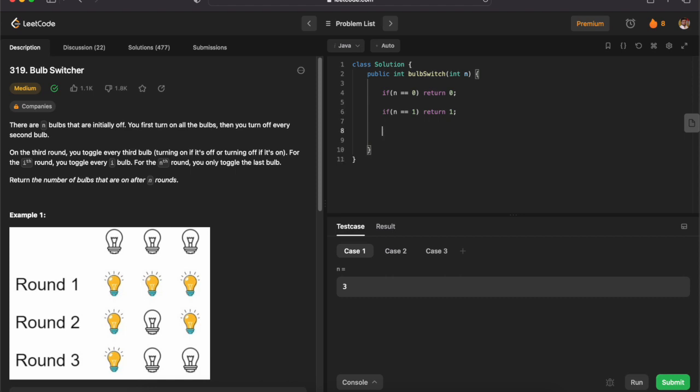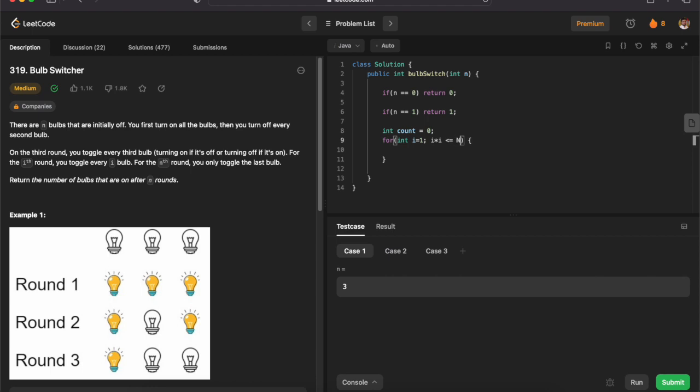Okay, now we'll take the for loop. We'll take the count variable, count equals 0. Okay, we'll take int i equals 1, so it will go i into i till n.